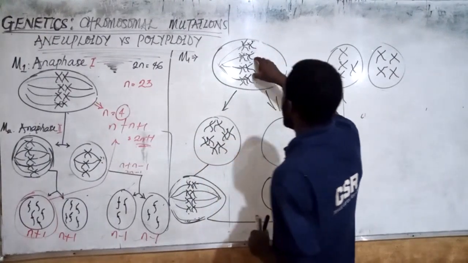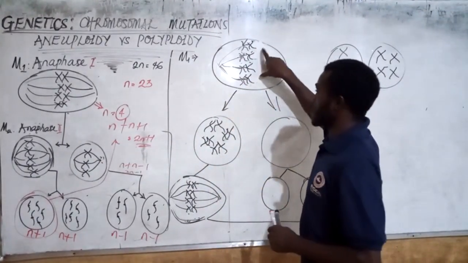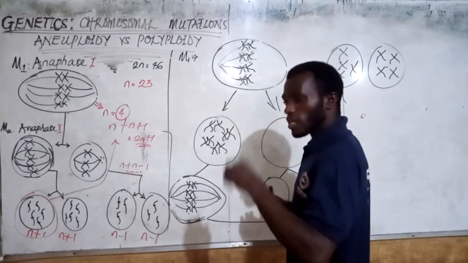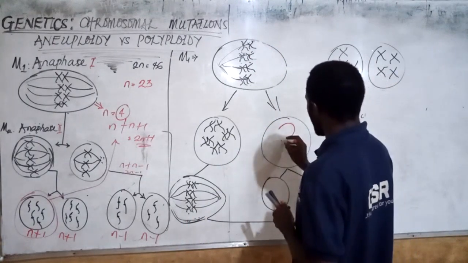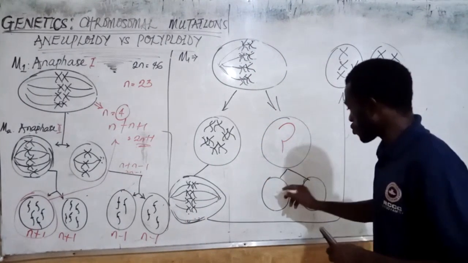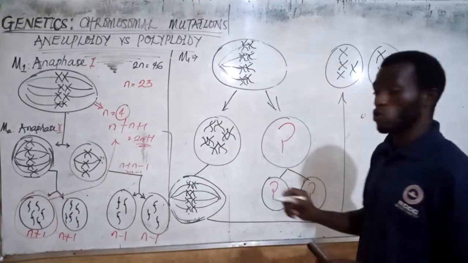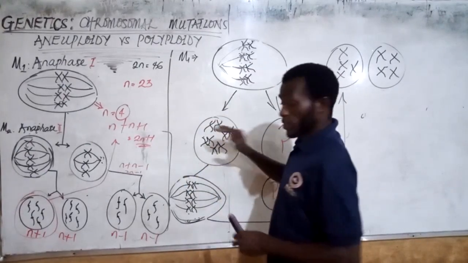So if non-disjunction takes place in M1, it's going to produce 2 daughter cells, with one not having any chromosome at all. We are not particular about this.